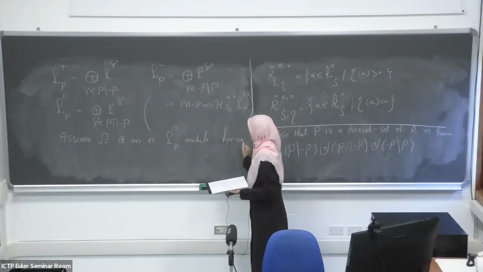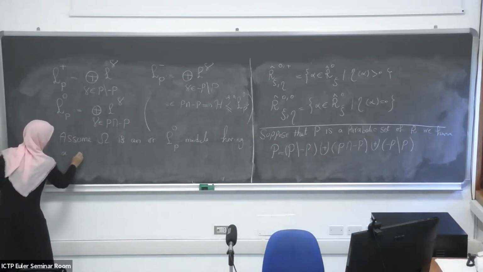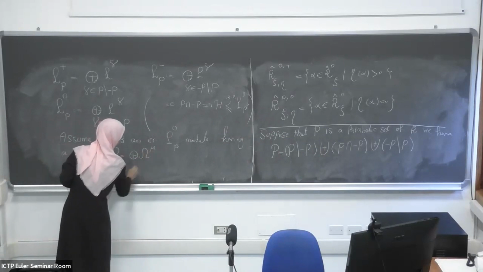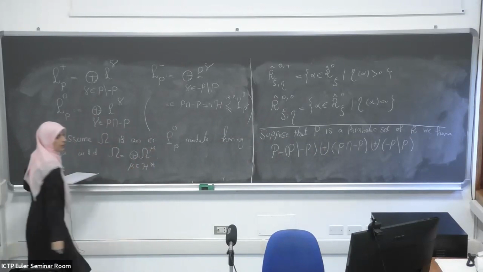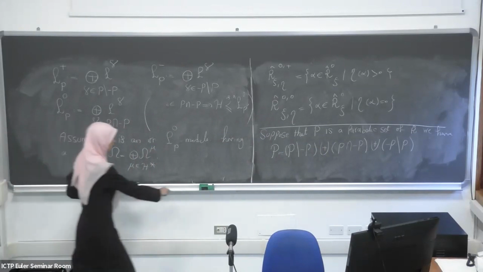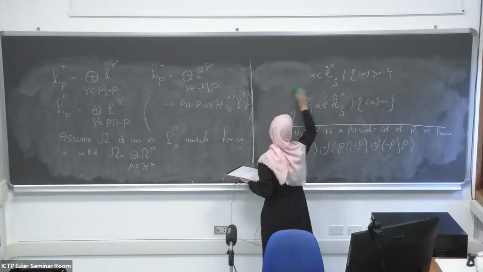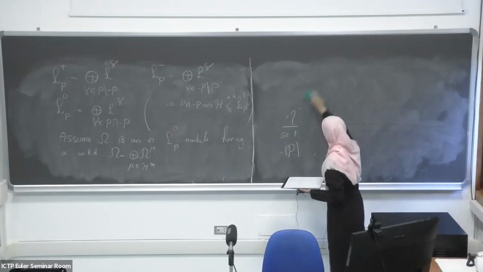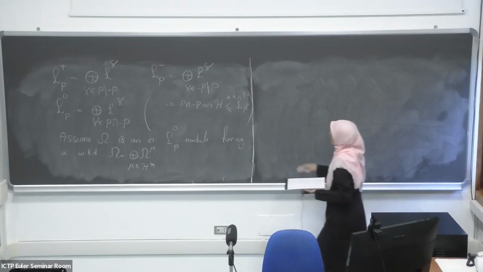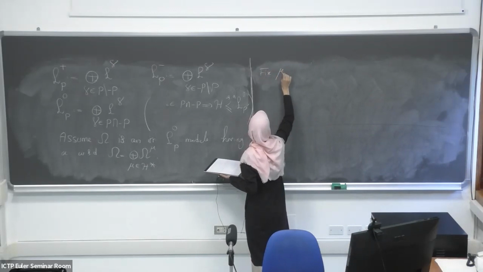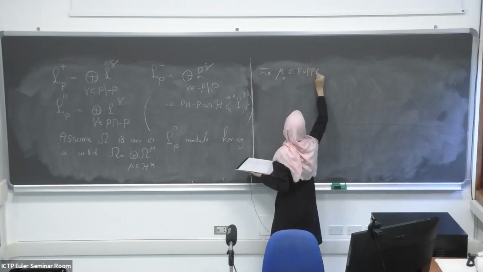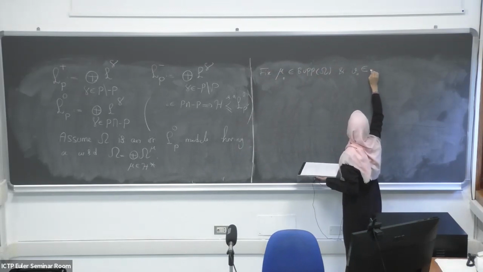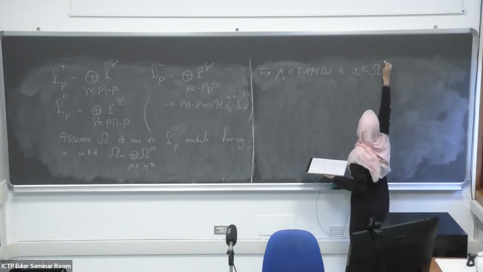So I assume omega is an irreducible L null P module having a vector space decomposition with respect to H. Take mu0 belonging to the support of omega, and v0 an element of omega mu0.